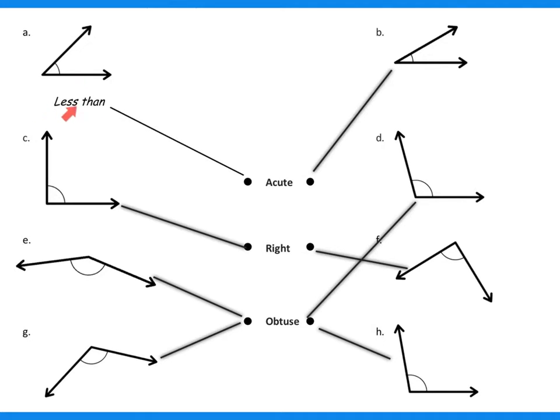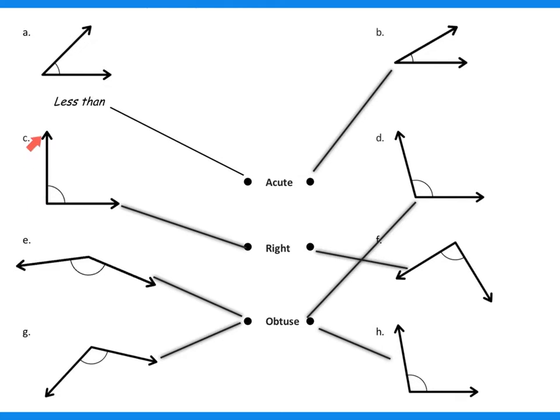So because this one's already done for us, we know this is less than 90 degrees, because a right angle is straight up and down. Therefore, if we look at B, it's not straight up and down. It's to the right, making this less than 90 and making an acute angle.